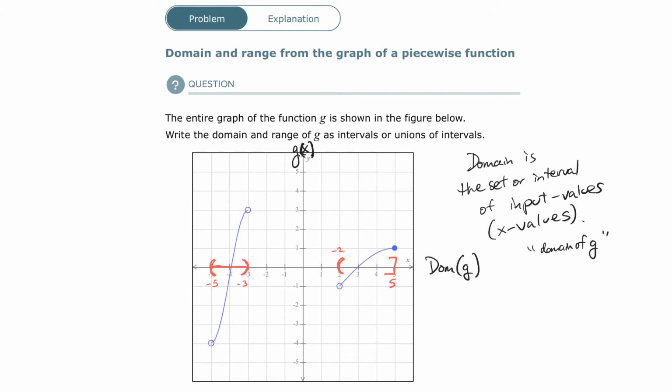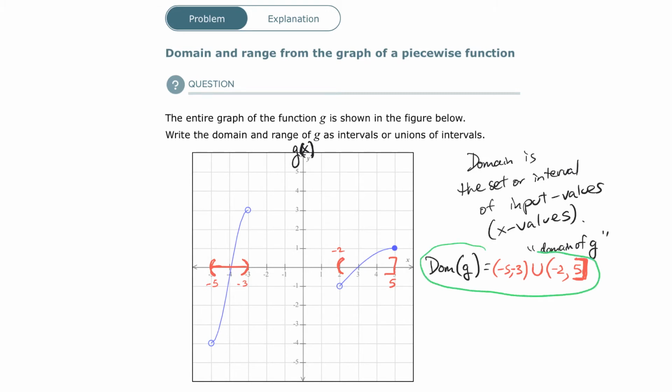So the domain of G, we've written it, and you just have to write it in interval notation from left to right: -5, parenthesis -3, union, meaning joining, parenthesis -2, comma, up to 5, and then we include 5, and we symbolize that with a bracket. A bracket means include. So we got the domain.